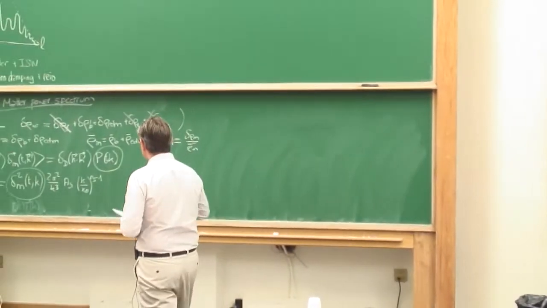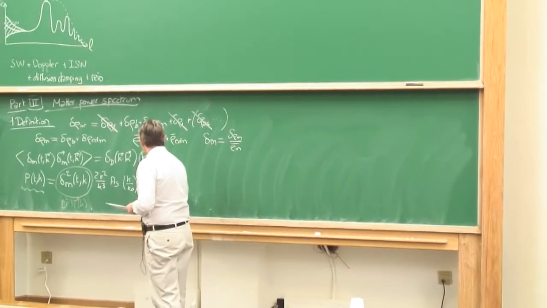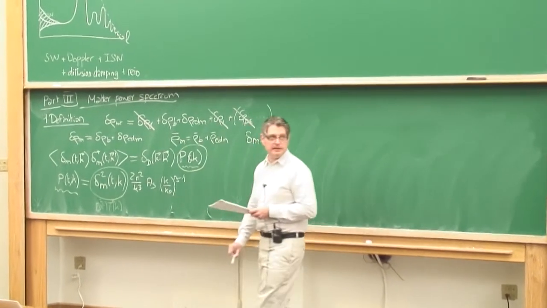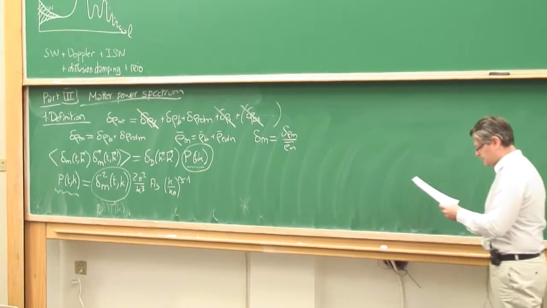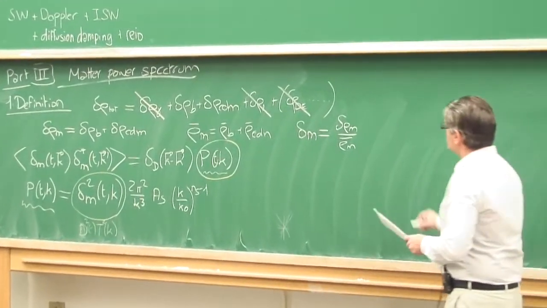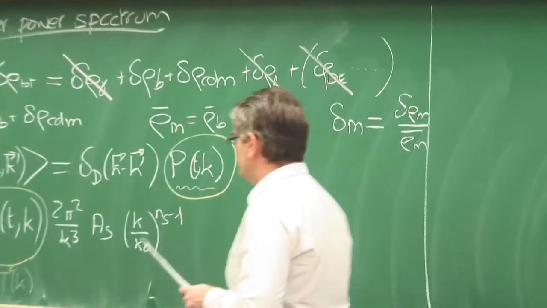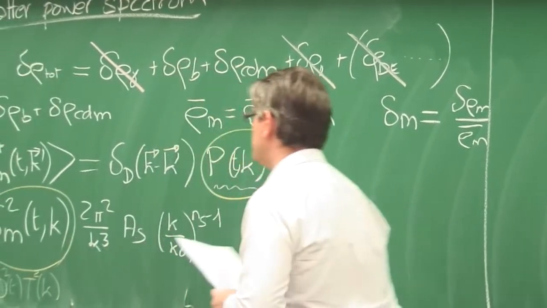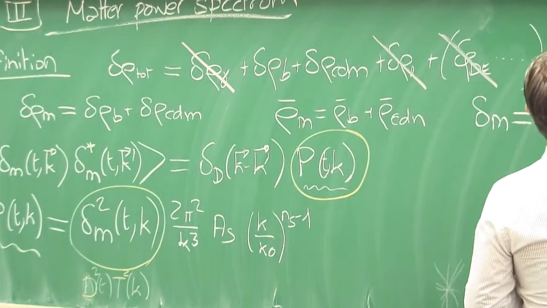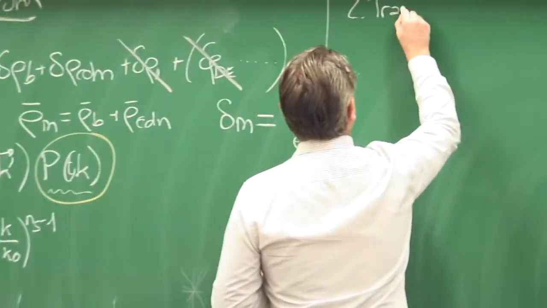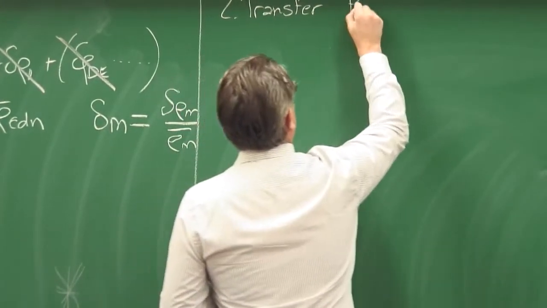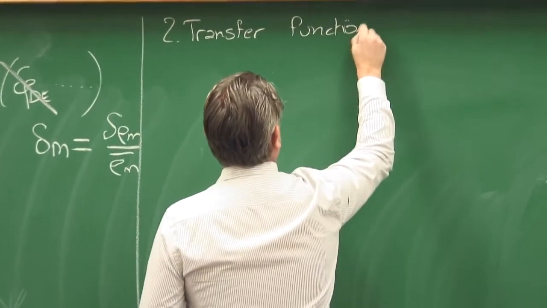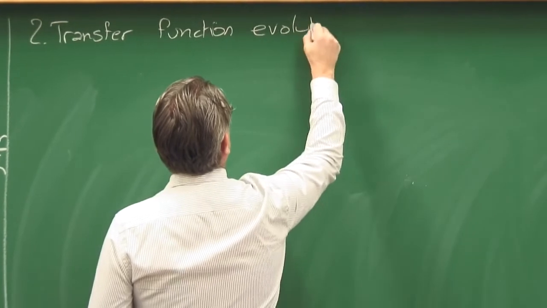There are many techniques, but this is always the interesting defining quantity to which you want to relate your observations. So now we want to see qualitatively what will be the shape of this transfer function. So, transfer function evolution.